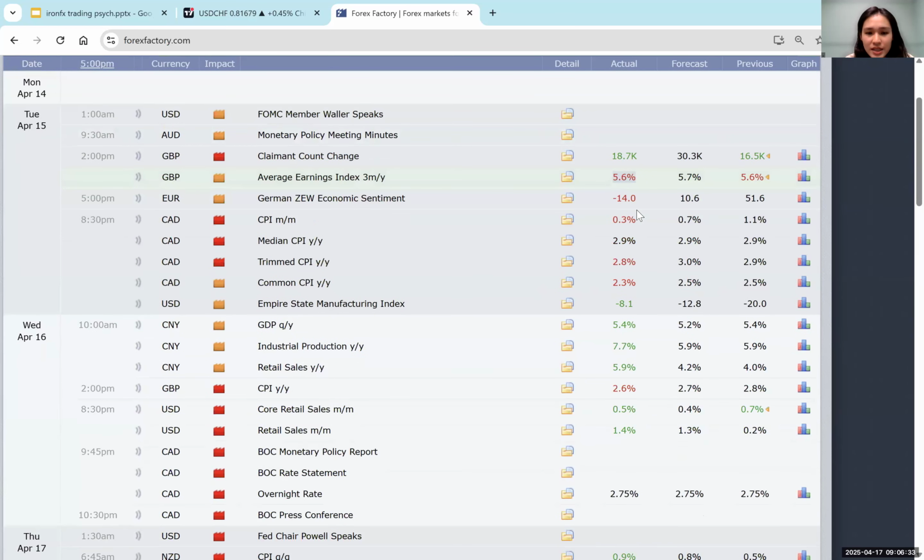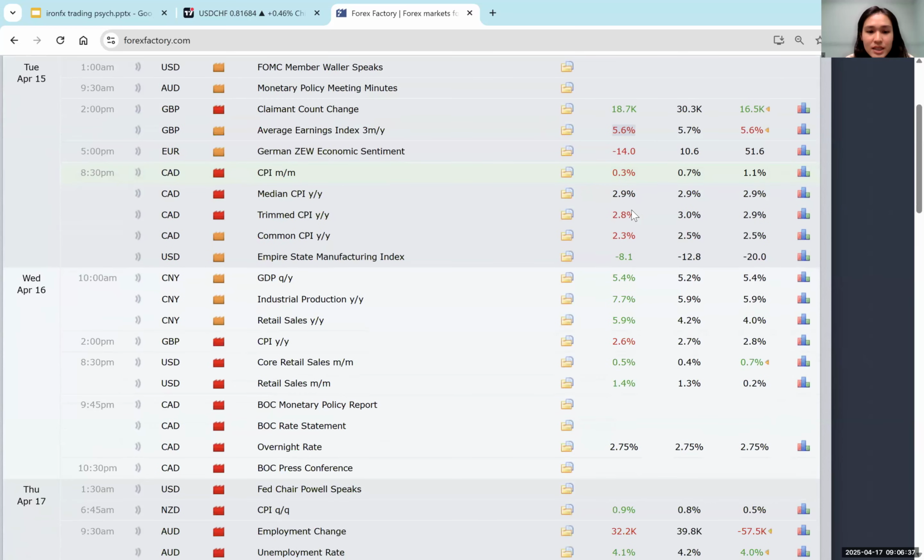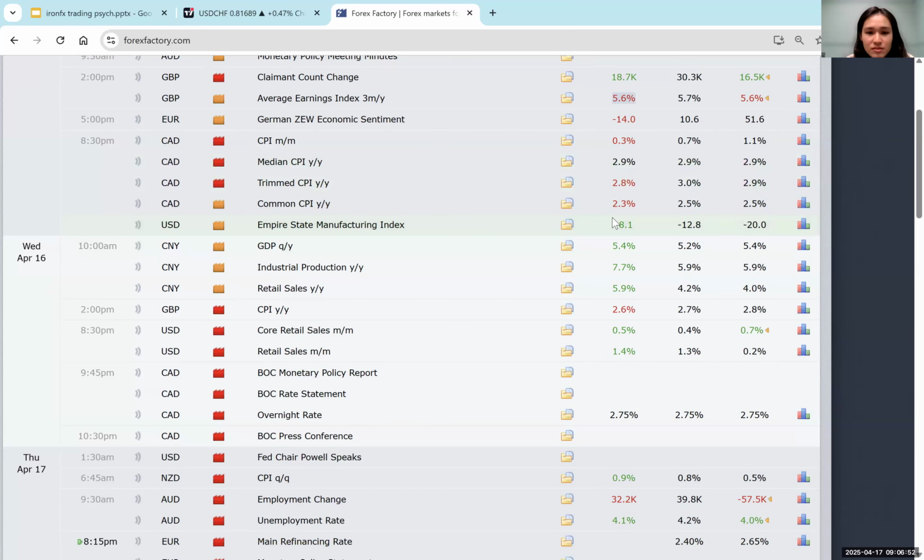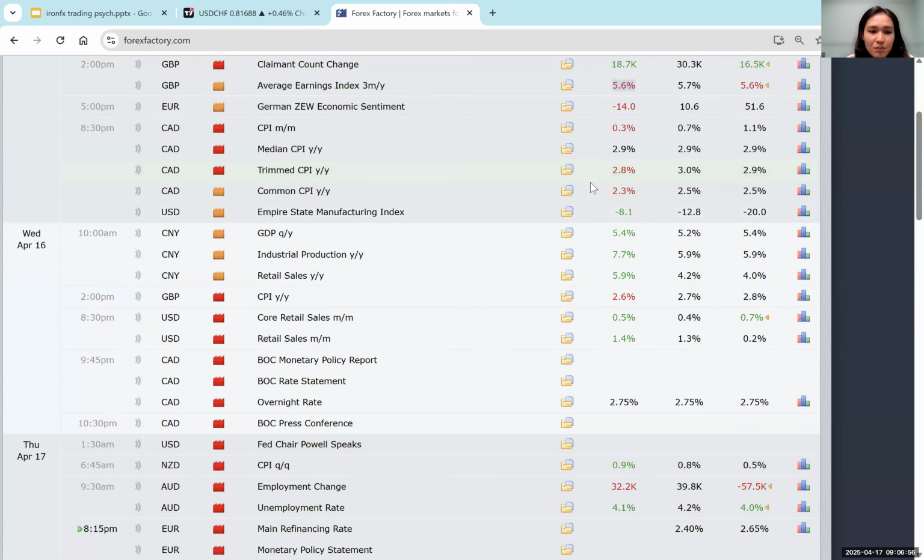Euro's German ZEW economic sentiment and Canadian inflation data, the CPI data release, all came out lower than forecasted, except for the median, which remained the same. And for the US, we have the Empire State Manufacturing Index as well.